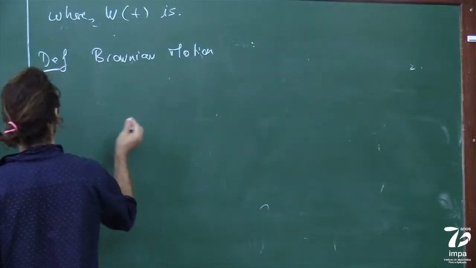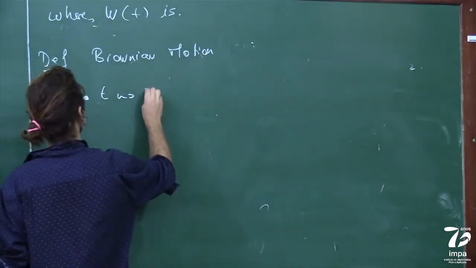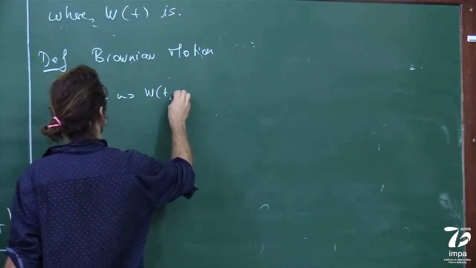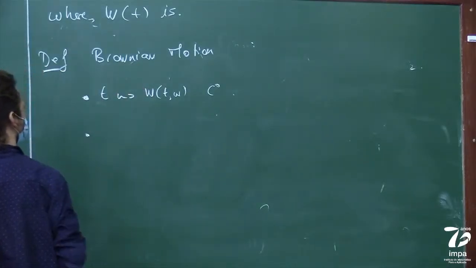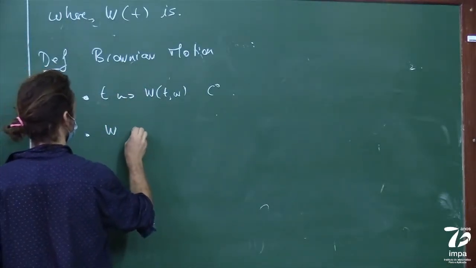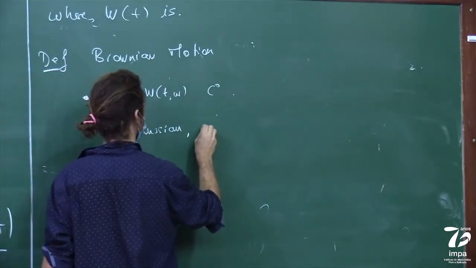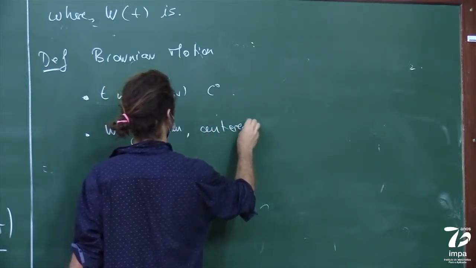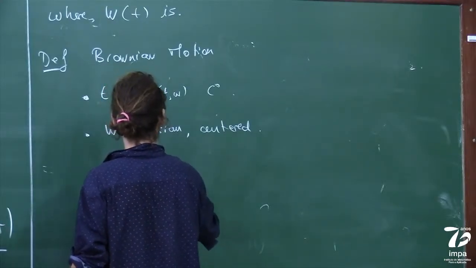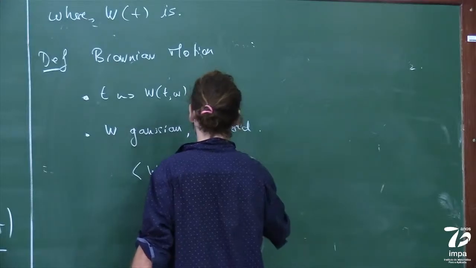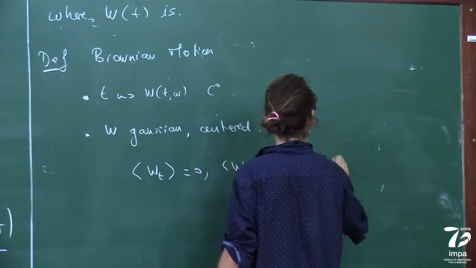Essentially, a Brownian motion is a stochastic process such that for each realization, omega_t is continuous. Omega is Gaussian and centered, so this means that the average of the Brownian motion is 0, and that the correlation function is the minimum of s and t.